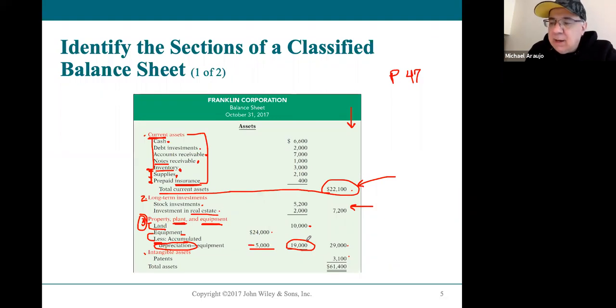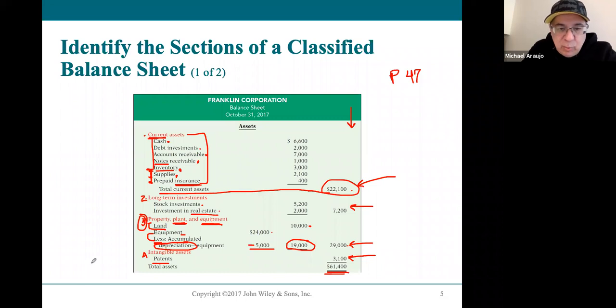Okay, and so that's important to know. And then, of course, we have the intangible assets listed last, and I've already talked about that at great length. So patents and copyrights would be examples of important intangible assets for businesses. Again, this is the total for the 3rd classification. This is the total for the 4th classification of assets, and these are the total assets.